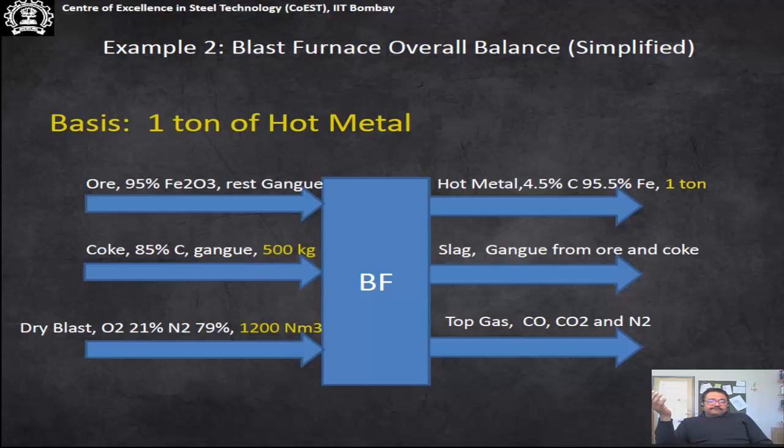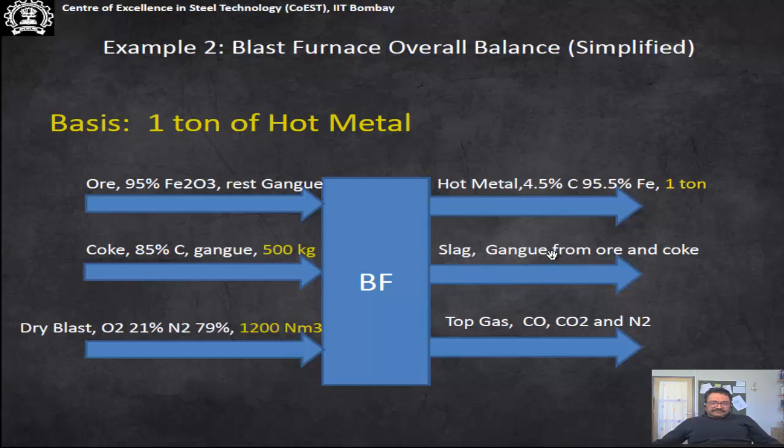So we have to select the basis, and the obvious basis is 1 ton of hot metal. What has been given are the compositions of the hot metal, the ore, the coke, and of course slag.